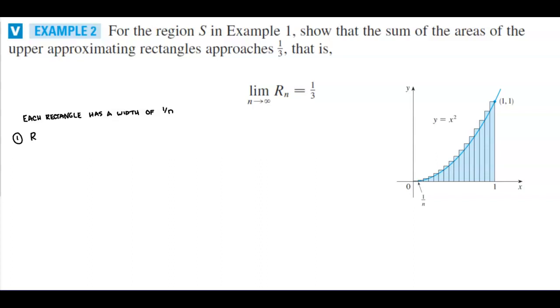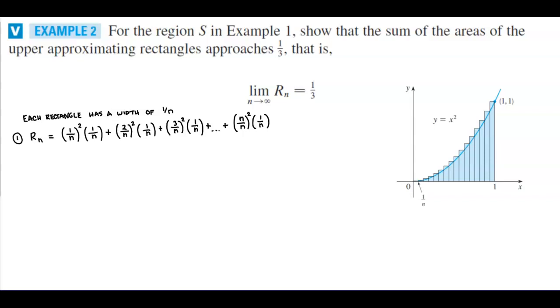We know that we're going to have R subscript n, which is going to be (1/n) squared times 1/n, plus (2/n) squared times 1/n, plus (3/n) squared times 1/n, and then continuing, we would have (n/n) squared times 1/n.